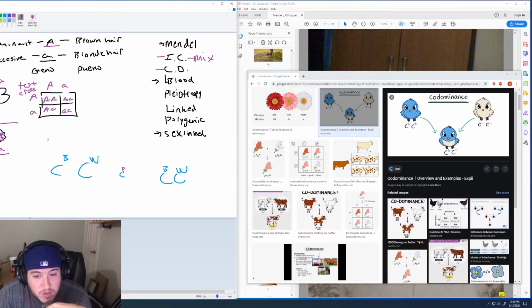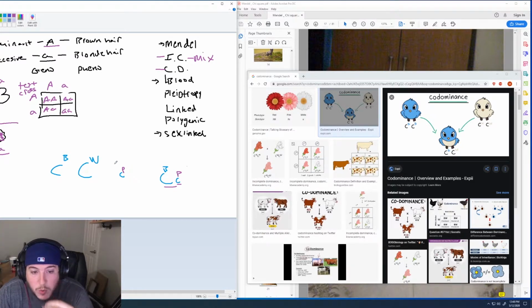If we change this to they have a blue trait, and let's say we have that recessive purple trait, this bird is going to be blue because the dominant is going to win. It's going to show over the recessive trait.